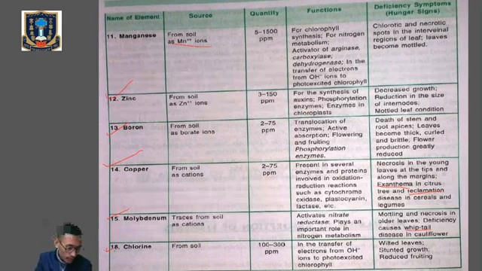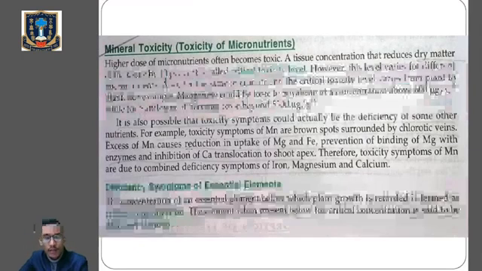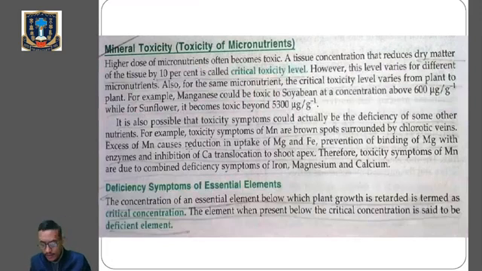So here we have finished the role and deficiency symptoms, or hunger signs, of macronutrients and micronutrients, and kindly go through table number 12.4 also. Now next, what does mineral toxicity mean? It's on page number 12.11. At higher doses, micronutrients become toxic.